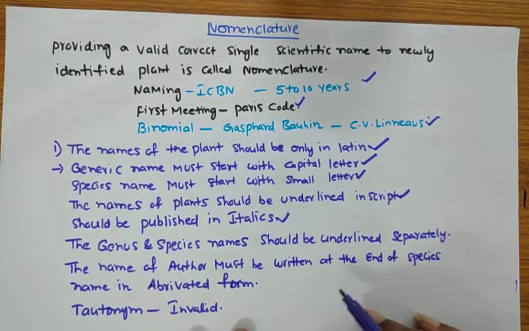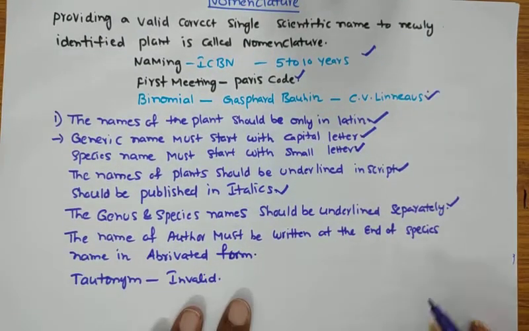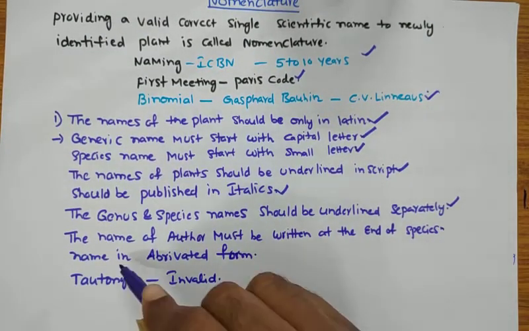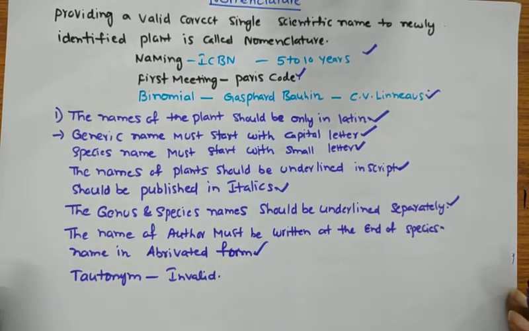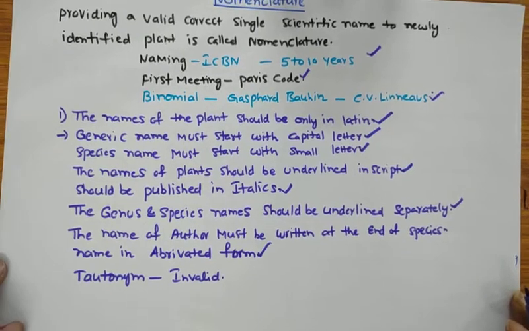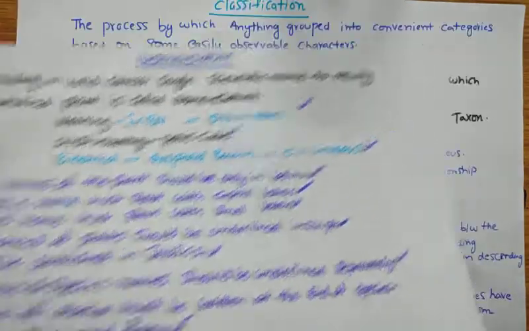Generic name and specific name should be underlined separately. The name of the author must be written at the end of the species name in abbreviated form. Tautonymy means having the same generic name and specific name. If the same, that is called tautonymy, for example Naja naja. That is invalid.